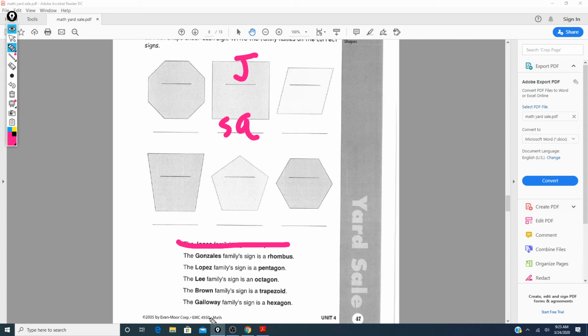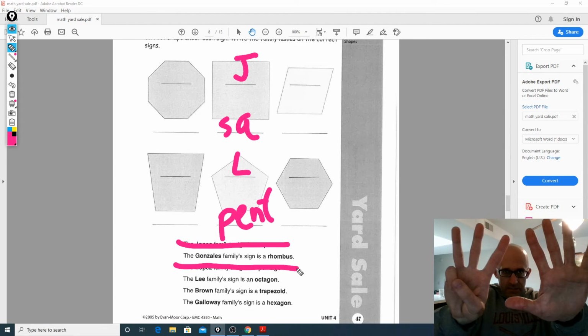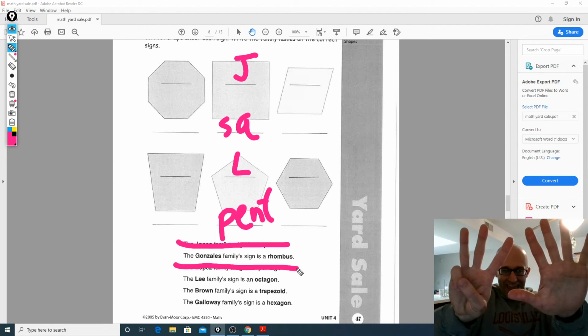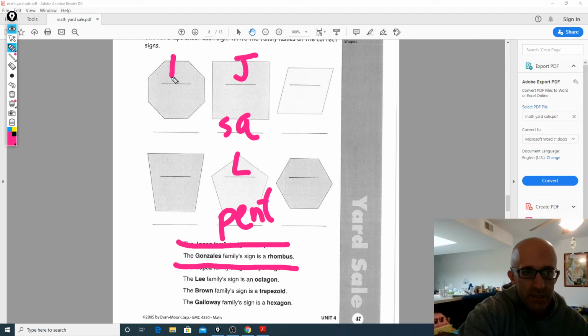The Lee's family sign is an octagon, eight sides for the octagon. So you look: 1, 2, 3, 4, 5, 6, 7, and 8. That would be the Lee family sign is an octagon.